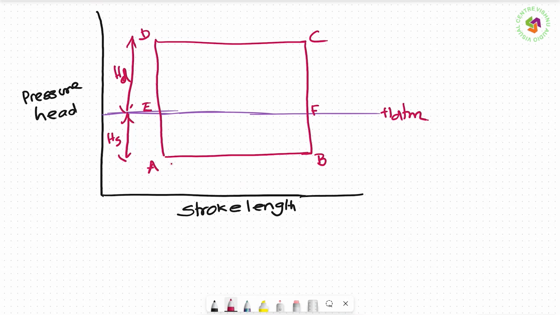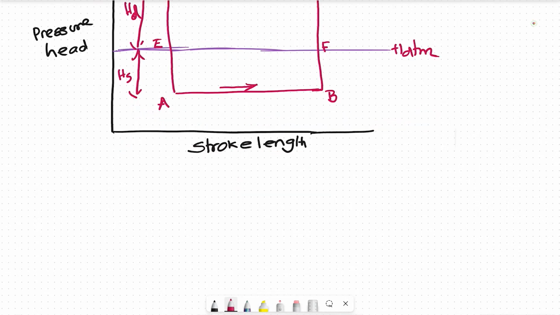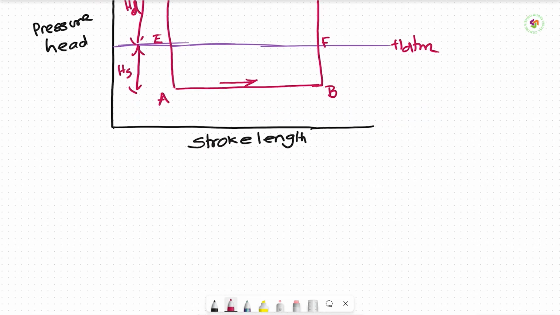During the suction stroke, the suction head is constant. During the delivery stroke, the delivery head is constant. So this is the suction stroke and this is the delivery stroke. Now what happens actually? In addition to the suction head, because of the acceleration, the acceleration pressure head also comes into the picture.